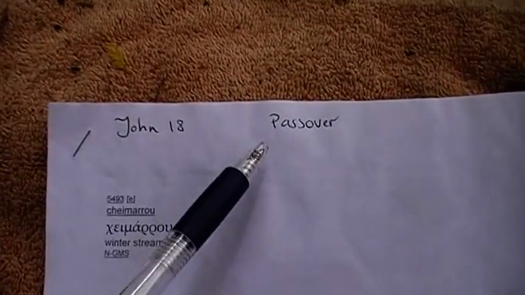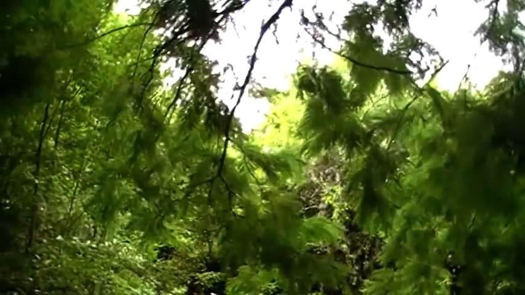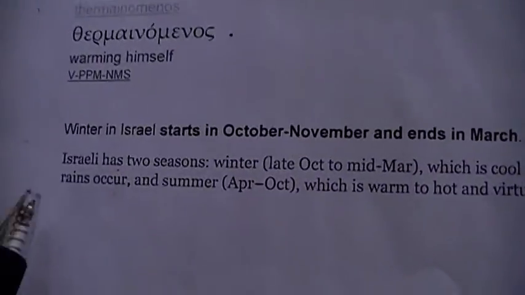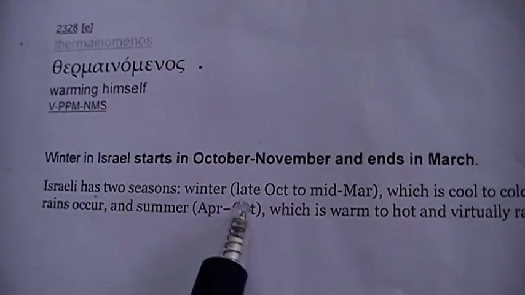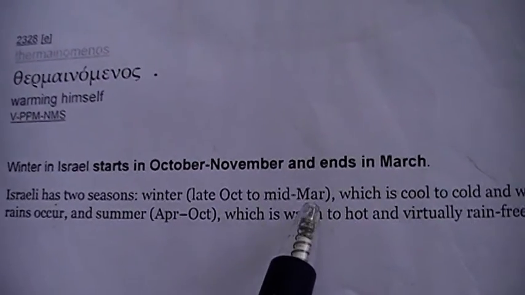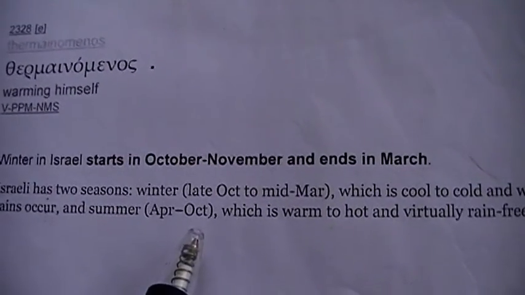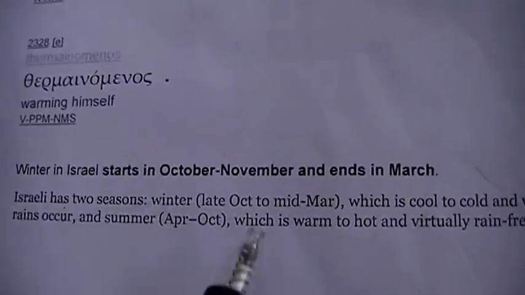This is the time frame of the Passover, and this is winter, considered winter in Israel. Okay. Now, when is winter in Israel? It says Israel technically goes by 2 seasons: winter late October to mid-March, summer April to October, or at least around this time frame.